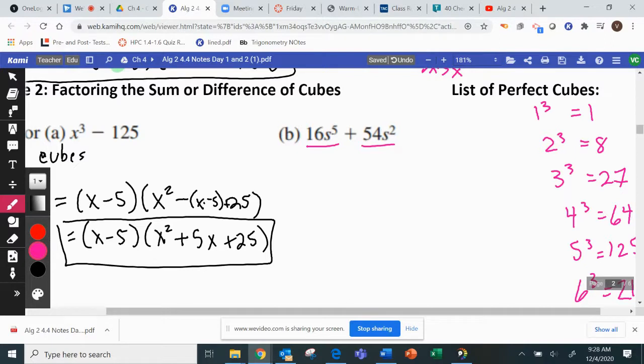What number divides into 16 and 54? 8 doesn't go into 54. That's 9. How about think smaller? 54 isn't divisible by 4. Think smaller.